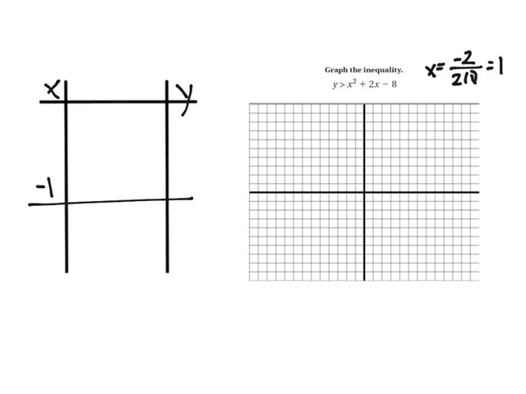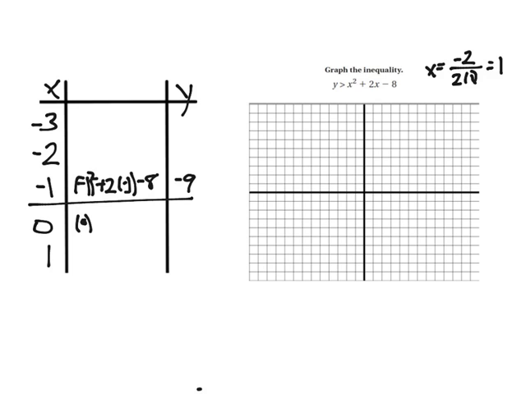Plug that in, and we get -1 squared plus 2 times -1 minus 8. End up with 1, minus 2 is -1, minus 8 is -9. Then we go 0, 1, -2, -3.